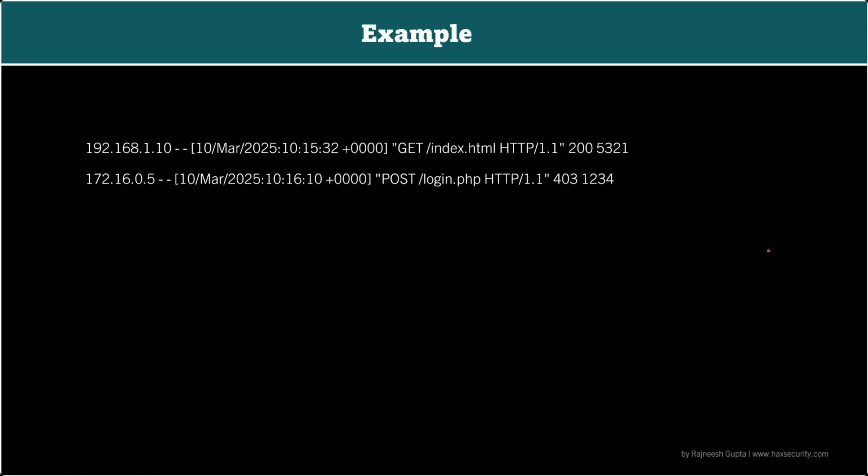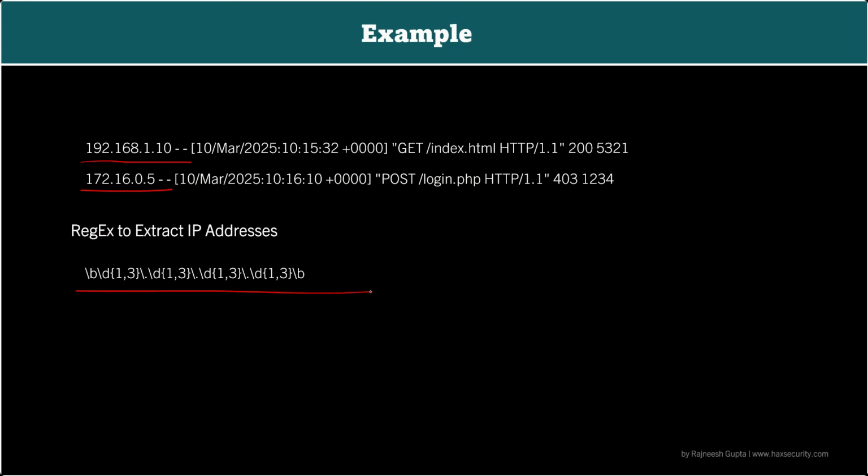Okay, let me take a very simple example. You have a specific log where we have an IP address on the top. You see this IP address, this, and this IP address. Let's say I just want to retrieve all the IP addresses from maybe thousands of lines of code. So I can use a simple regular expression, which can be this. This is my regular expression. You see slash b slash d, then there is the range 1 comma 3. But don't worry about what it is for now.